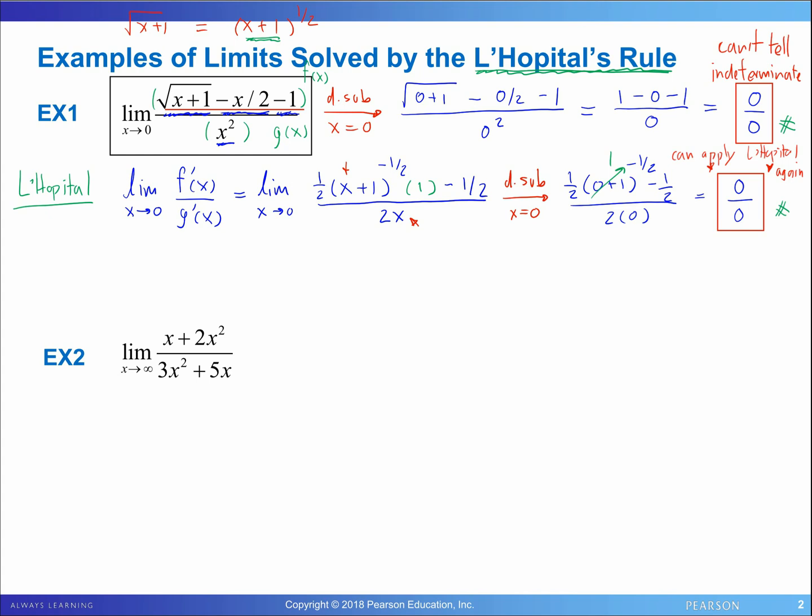So let's do that down here. L'Hopital the second time. Number 2. And this one is number 1. It's going to be equal to the limit when x goes to 0. And now we have to diff one more time. We need to diff f prime of x again, and also diff g prime of x again.